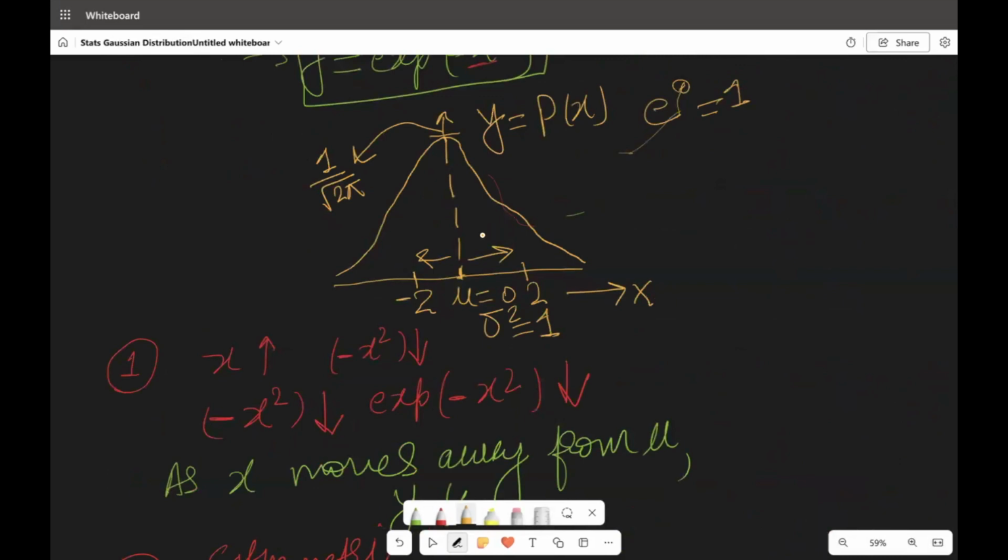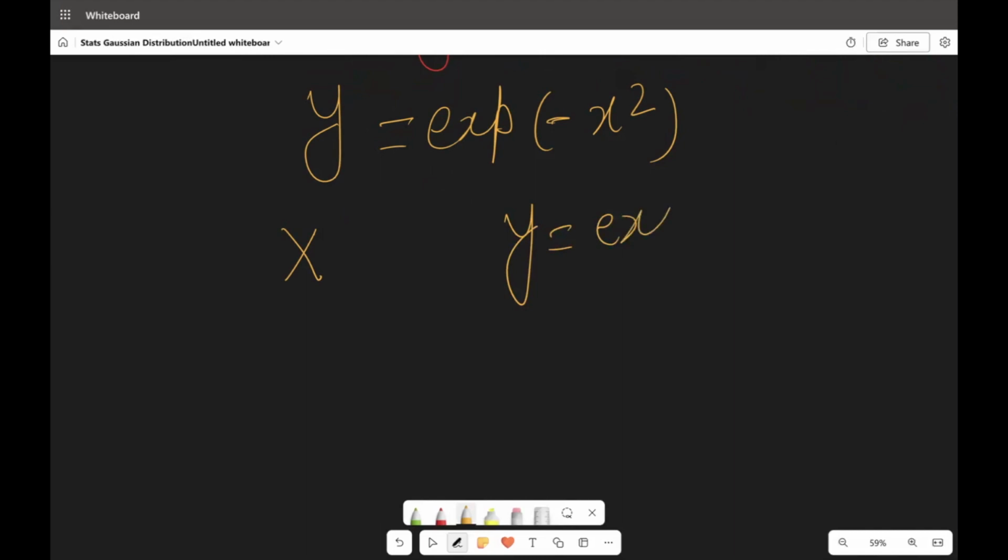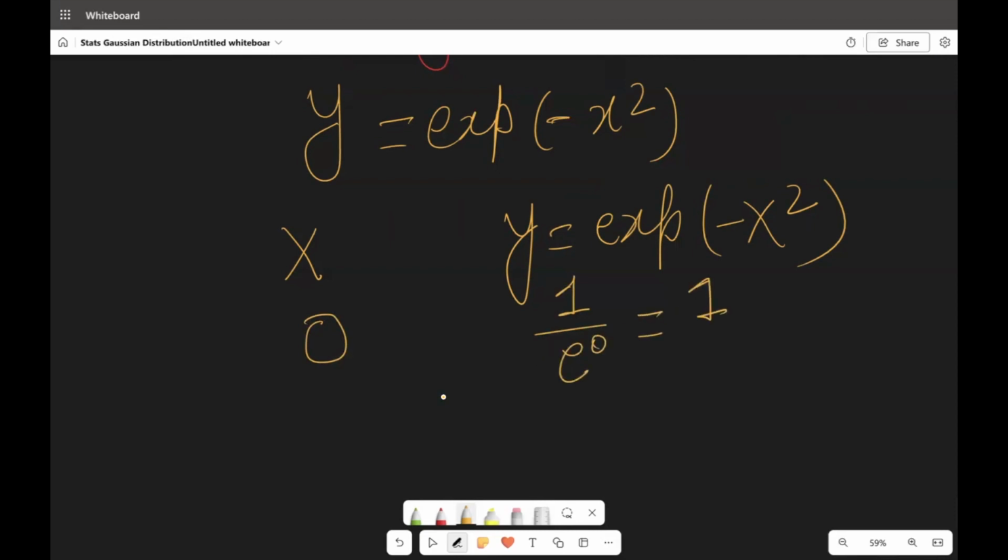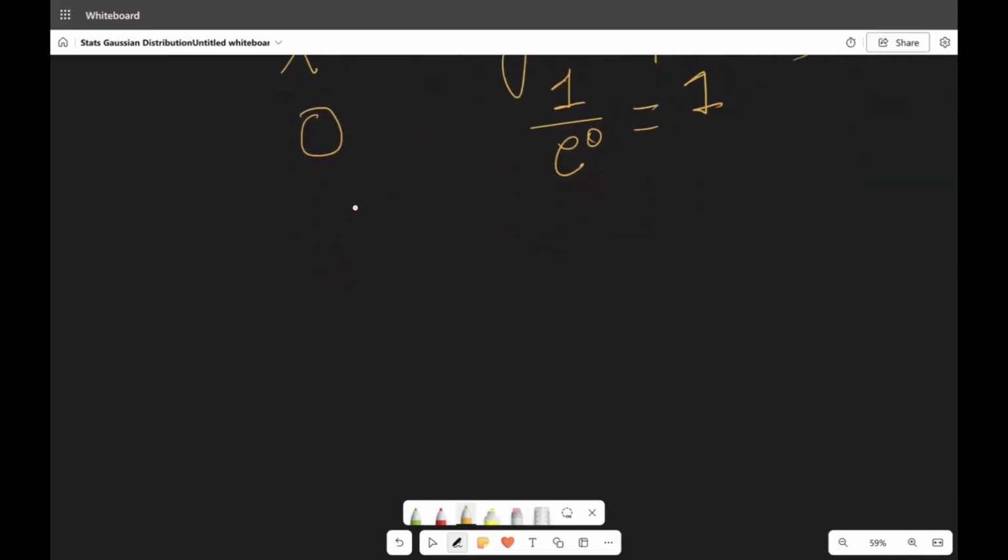So what do we have? We have y equal to exponential of minus x squared. Let's assume if my x is equal to 0, the value of y is e raised to the power 0, which is equal to 1. Now let's assume x is equal to 1.